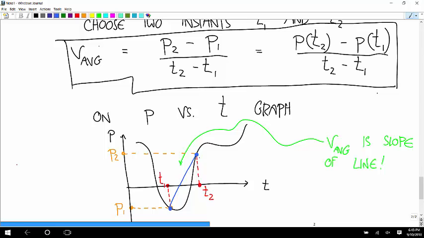So if you have a positive average velocity, that means that the line between the 2 points that you're looking at is tipped counterclockwise from the horizontal. If the average velocity is 0, that means that line is horizontal. And if it's negative, that means that it's tipped clockwise from horizontal.